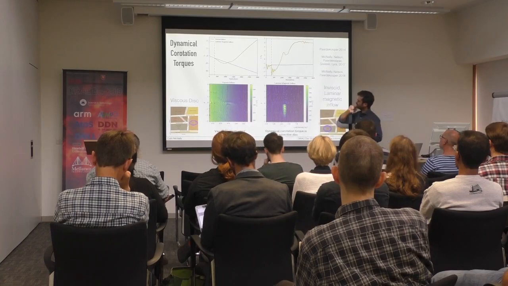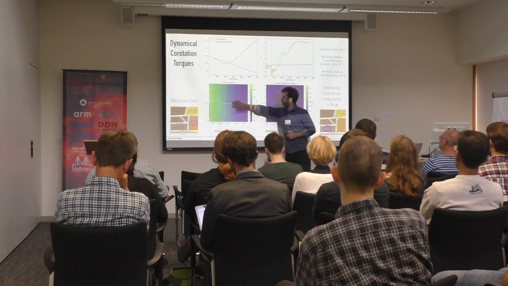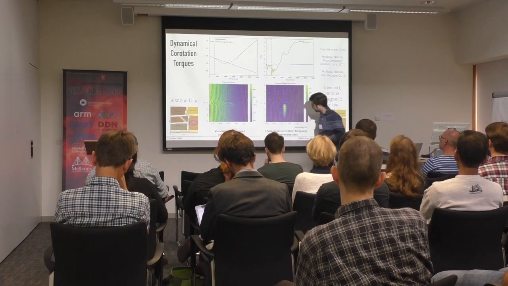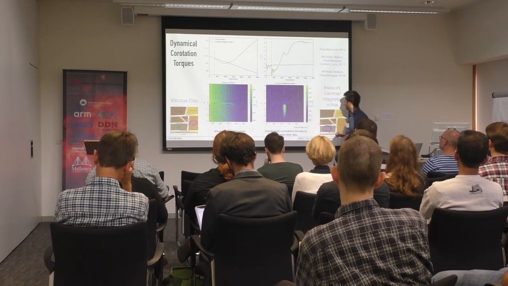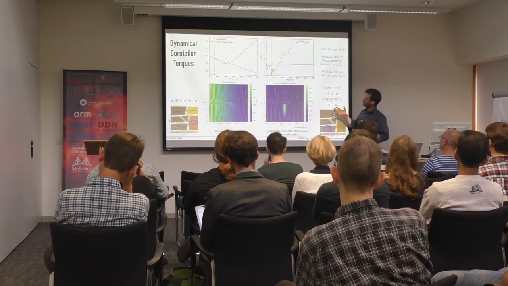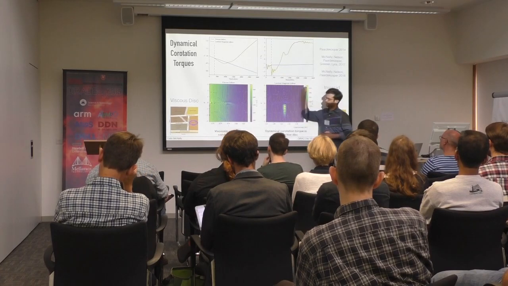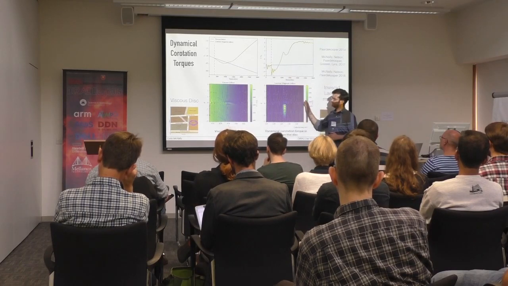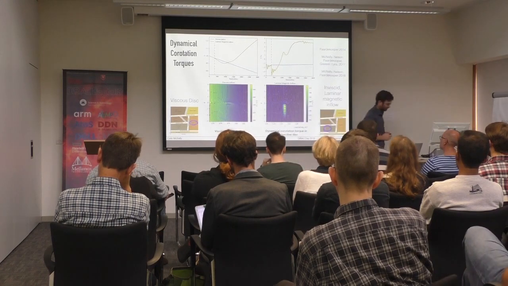I'm going to show you two things. One disk which is quite viscous, so this is the traditional old way of thinking about disks, and one disk where it's an inviscid disk, and I will drive the fluid in with what I'm calling here a laminar magnetic inflow, but it's just a torque that makes the disk on large scales do the same thing as it does in the viscous disk.